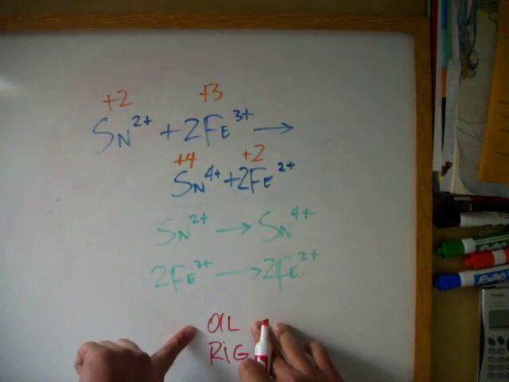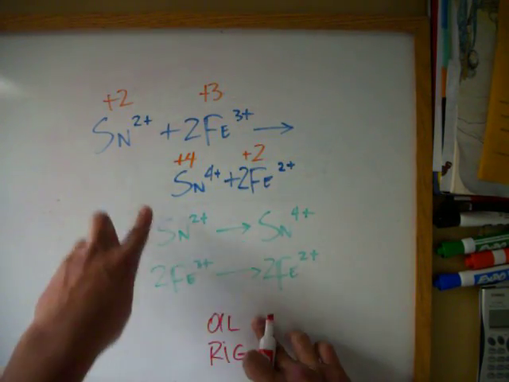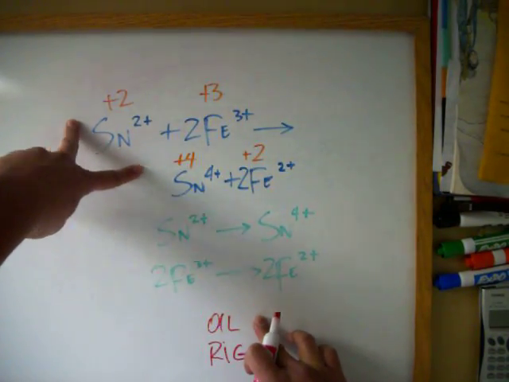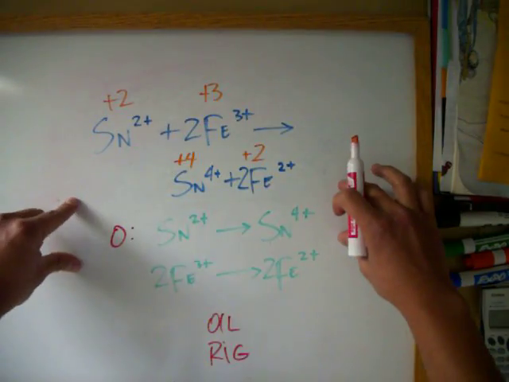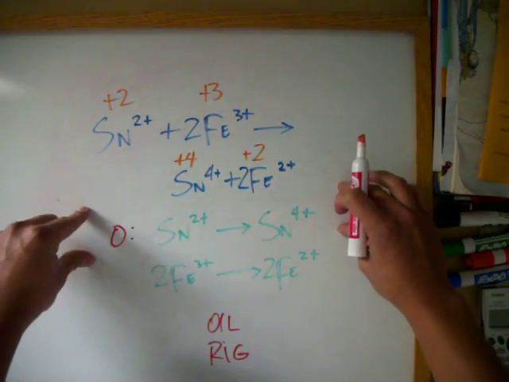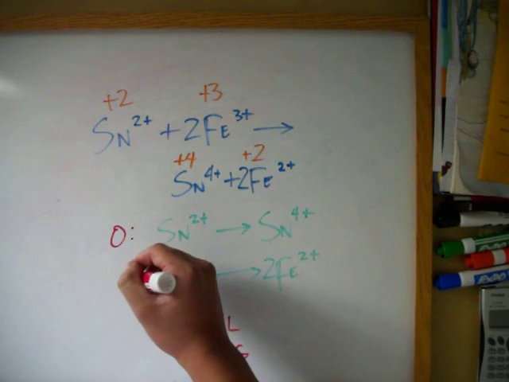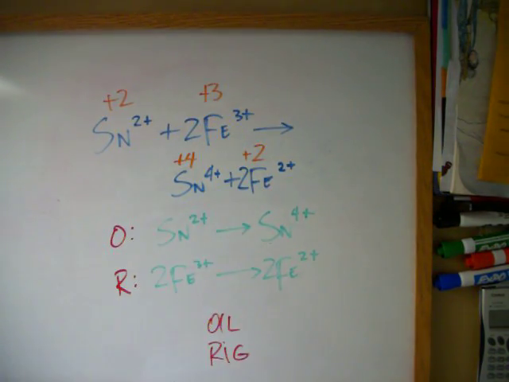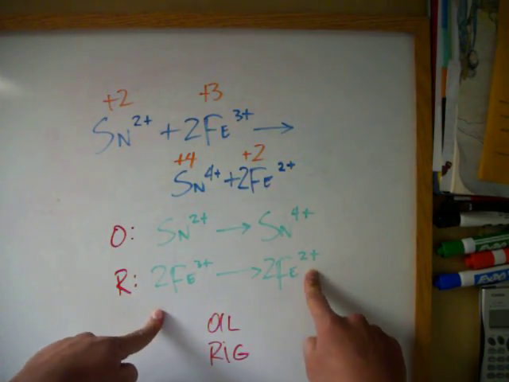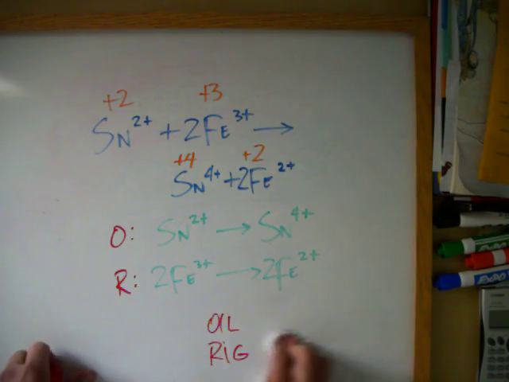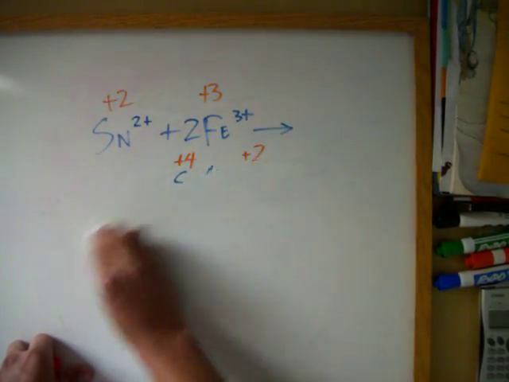If it was oxidized, it would have lost electrons, and it actually lost electrons. So tin was oxidized, and this is the oxidation half reaction, and this would be the reduction half reaction, because it gained electrons, the number went down on the charge.